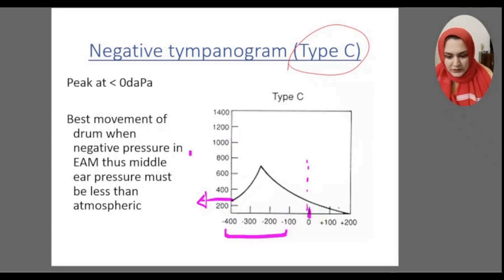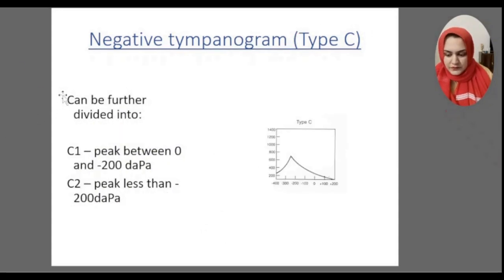So why is that? Because the best movement of the drum occurs when there is negative pressure in the external auditory meatus. Thus, middle ear pressure must be less than the atmospheric pressure. In which disease does this occur? This occurs in any middle ear condition that results in negative pressure in the middle ear.